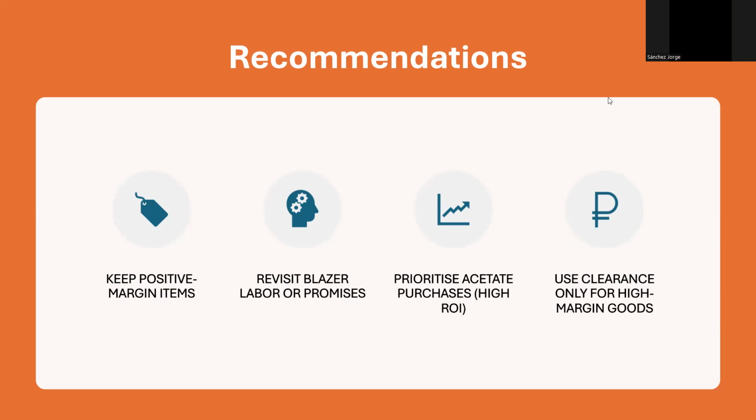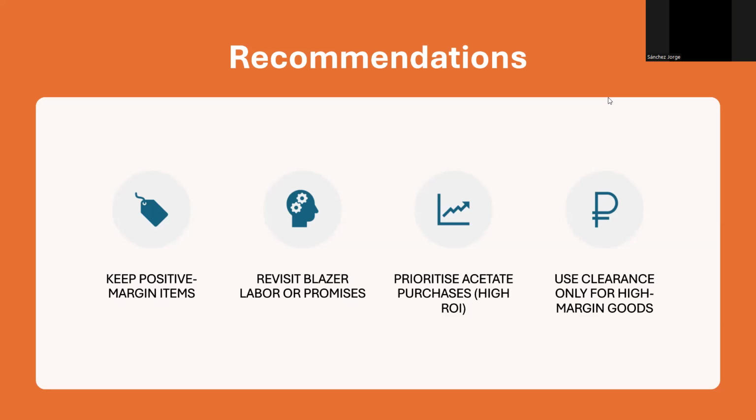One, keep producing any item with a positive margin, and don't let sunk costs like past design investments sway your judgment. Then also watch for rising labor costs, especially for items like blazers. These shifts can reduce your flexibility and also lower your profit.